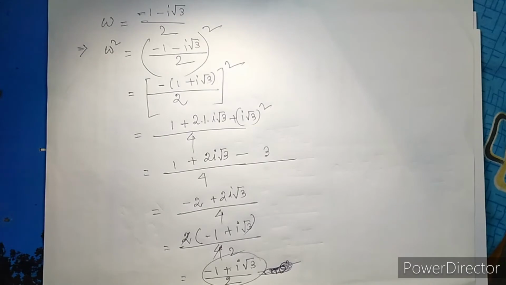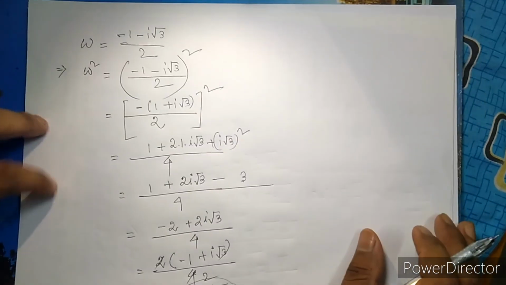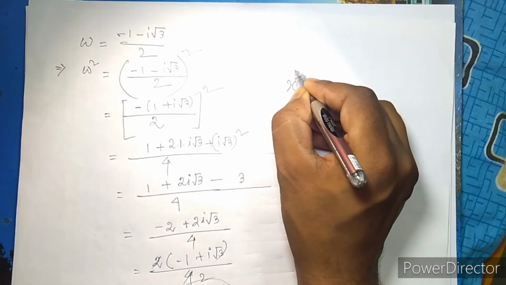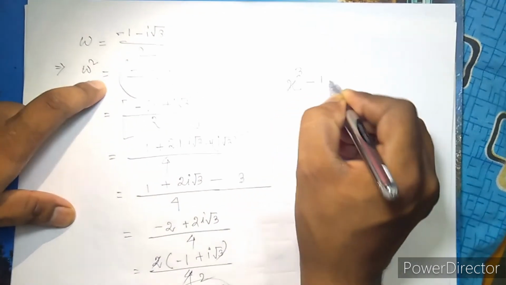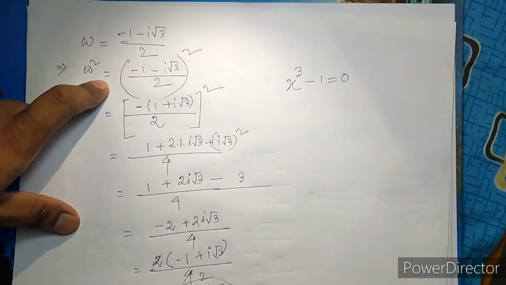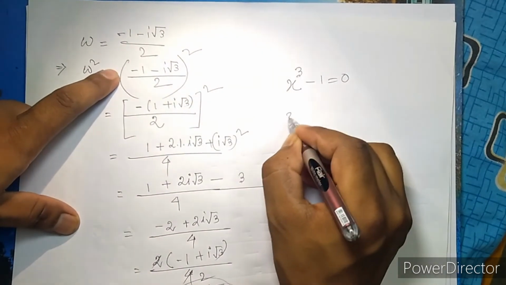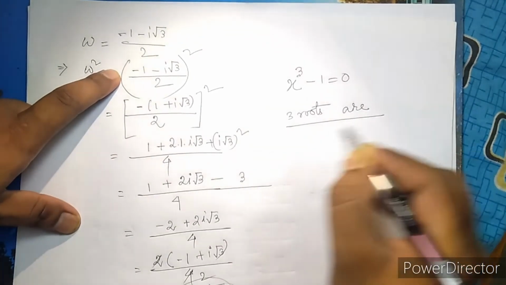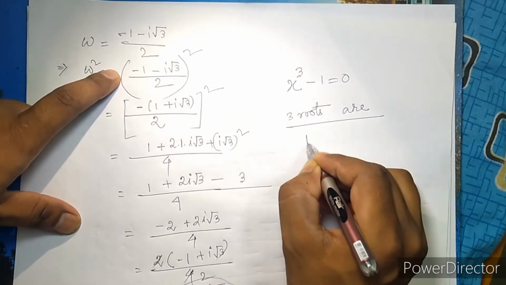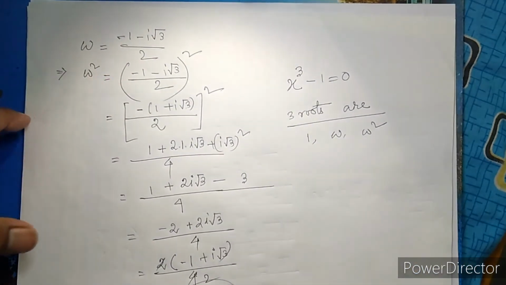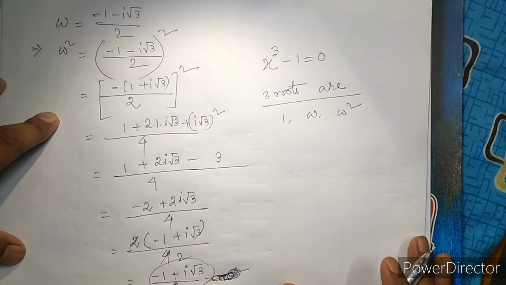So if we have an equation like x cube minus 1 equal to 0, this equation has 3 roots, so the 3 roots will be 1, omega, omega square, okay.